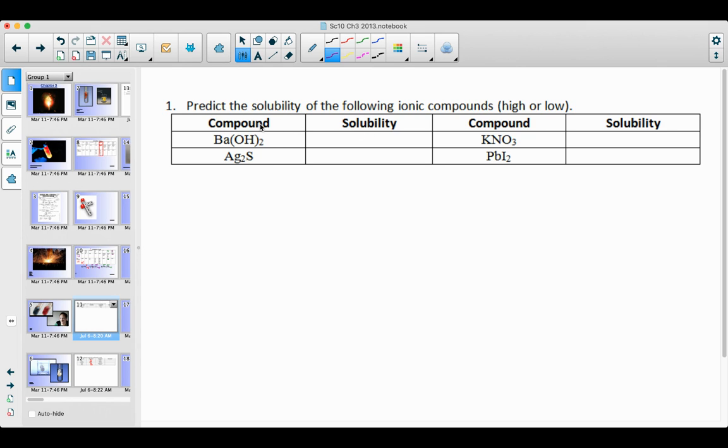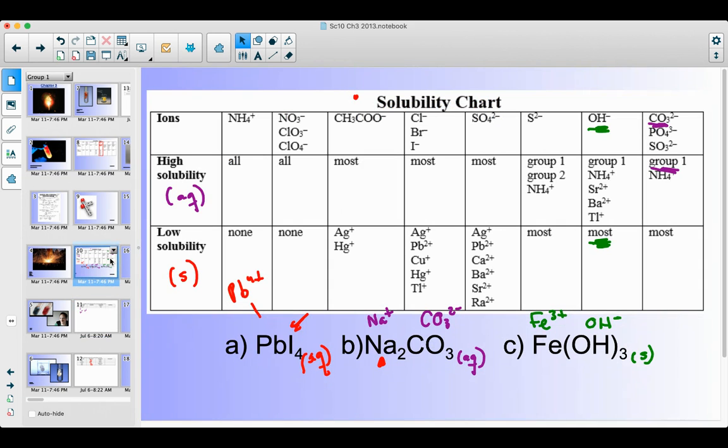Looking at this compound, barium hydroxide, Ba(OH)2, I would identify barium as Ba2 positive. OH, there's 2 of them, but that just tells me it's a negative. Now, I would go back to my solubility chart. I'm going to find OH, find barium, Ba2 positive.